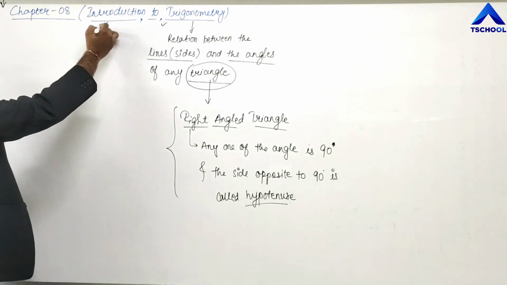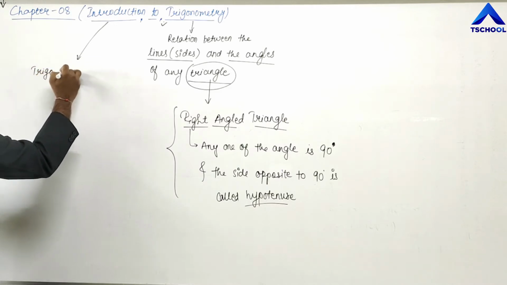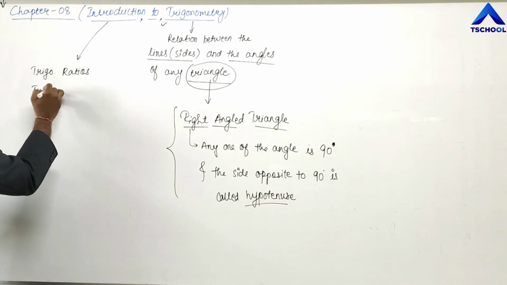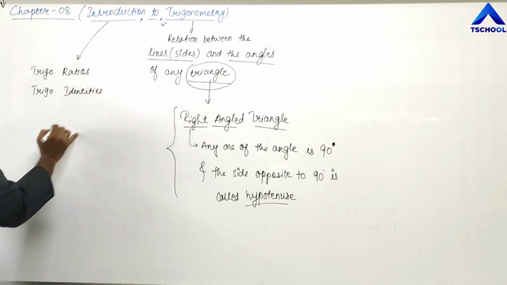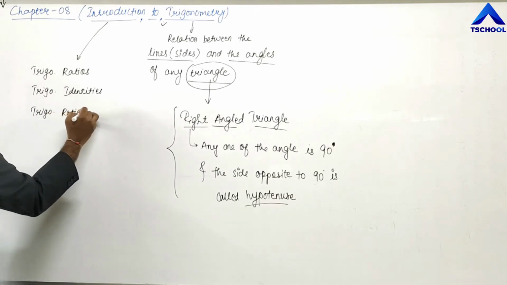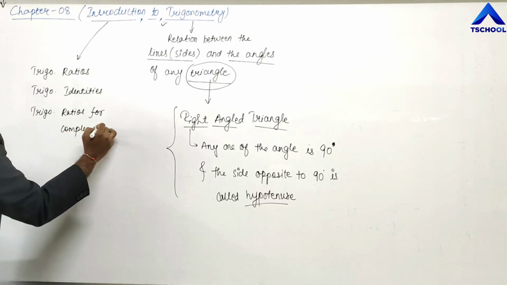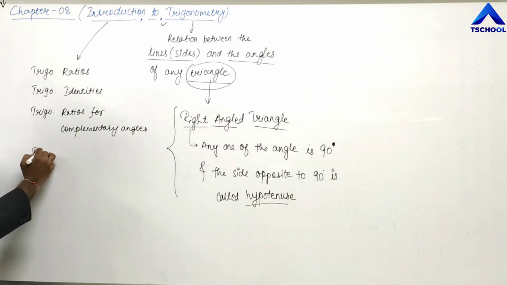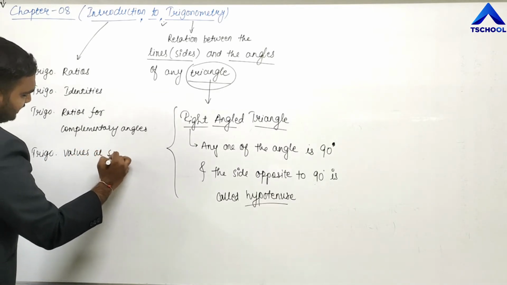So in this chapter, friends, you are going to learn about the trigonometric ratios, then the trigonometric identities, then the trigonometric ratios for complementary angles, and the trigonometric values at specific angles.